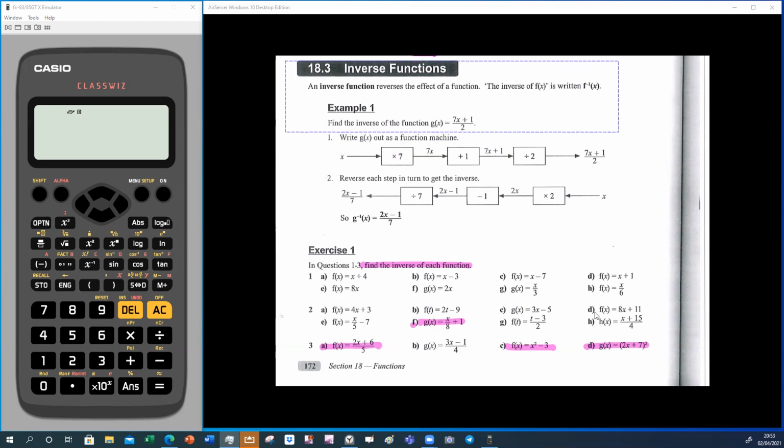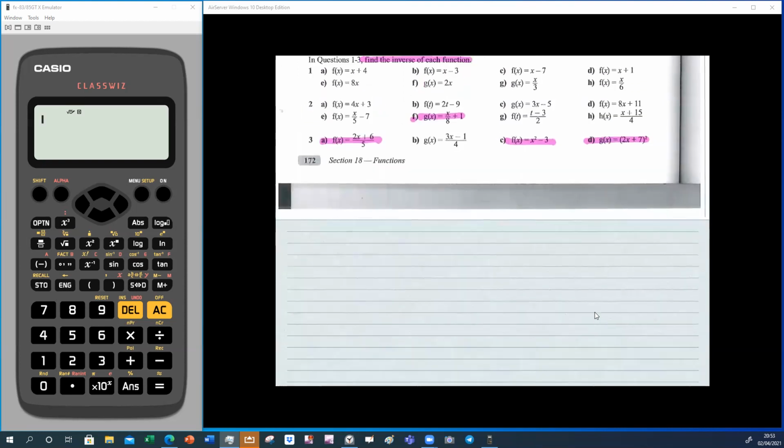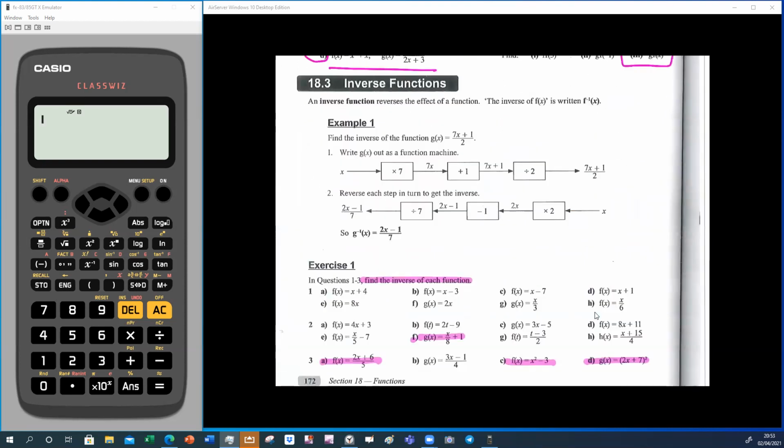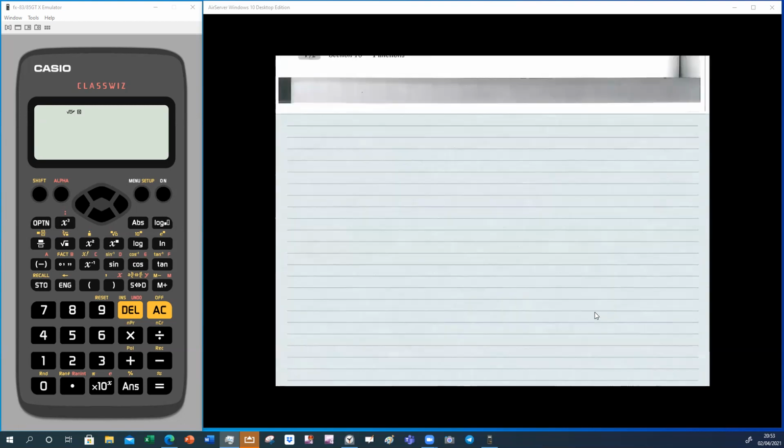So they're showing us by doing they got a function machine set up, and then they're reversing it from the function machine. Copy, paste. Okay, well, I don't want that one. I wanted this one. Give me a second. Let's try that once more. Okay, what's happening? Copy. That's better. That's what I wanted.